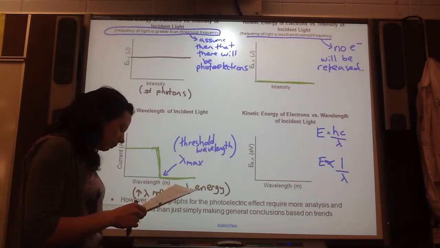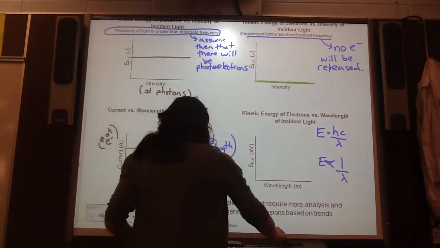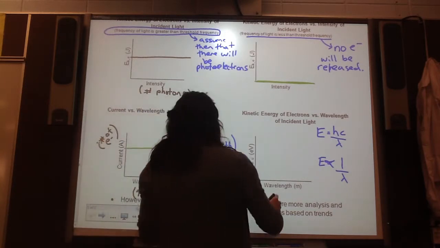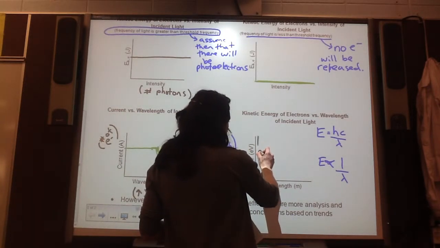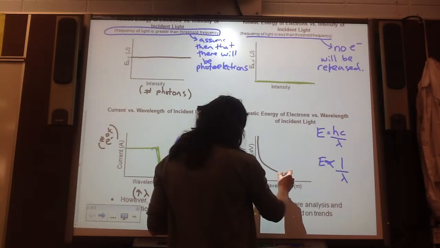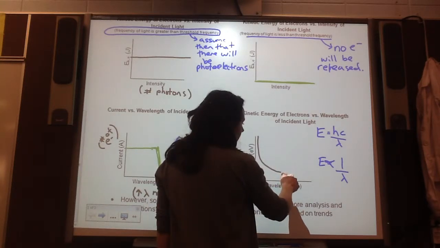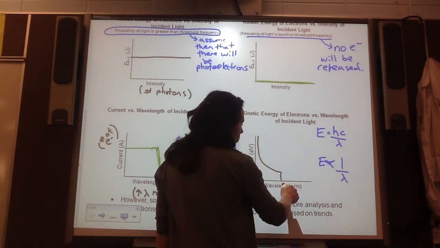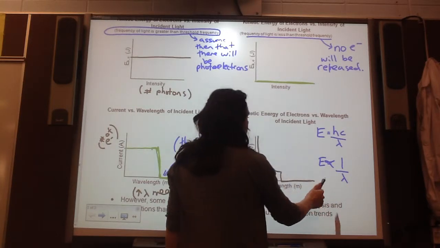We could represent this with a relationship like this, but once wavelength gets too high, it will drop and no electrons would be emitted.